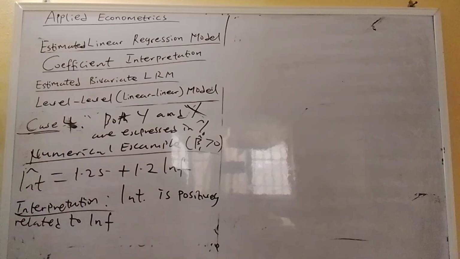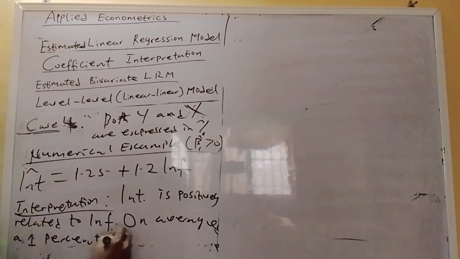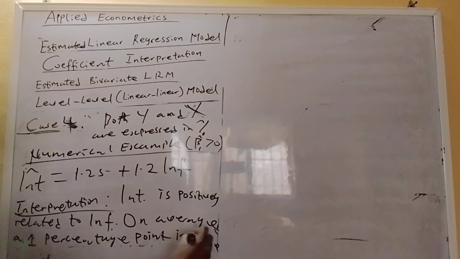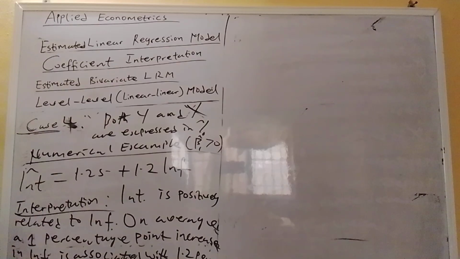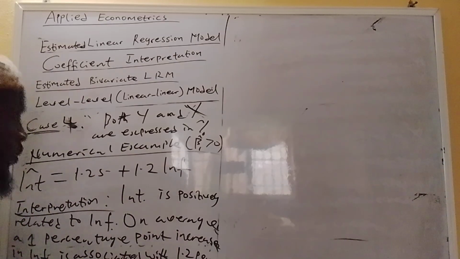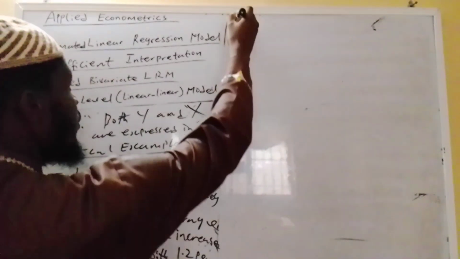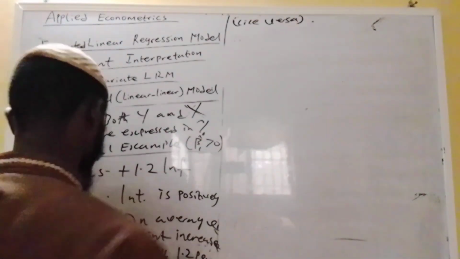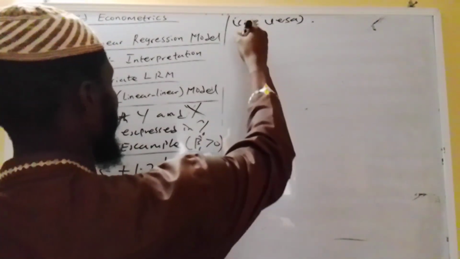On average, a 1 percentage point increase in inflation is associated with a 1.2 percentage point increase in interest rate, and vice versa.